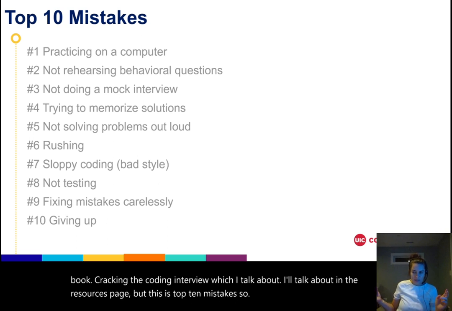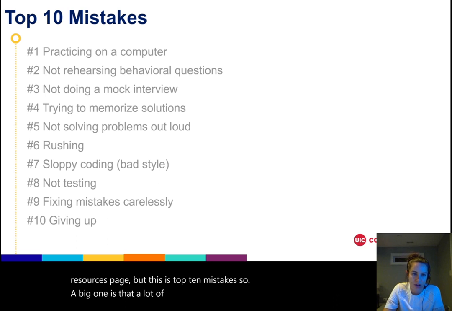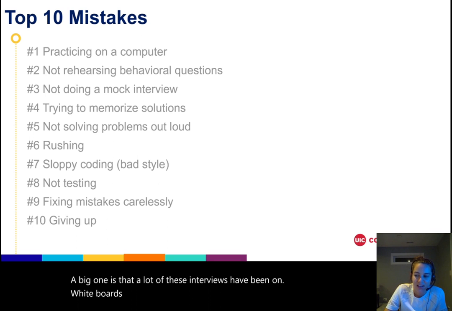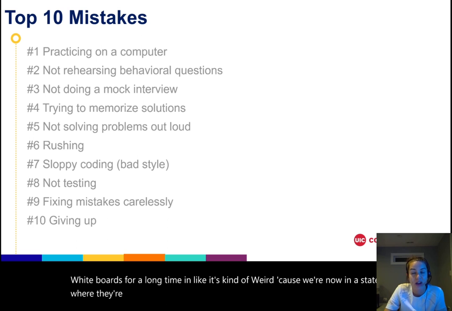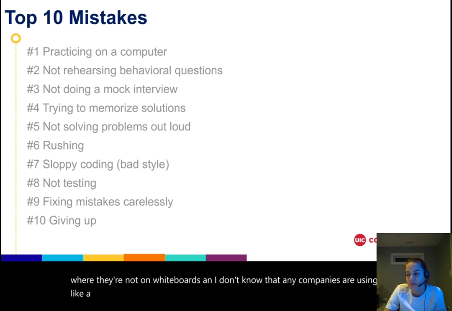A big one is that a lot of these interviews have been on whiteboards for a long time, and it's kind of weird because we're now in a state where they're not on whiteboards, and I don't know that any companies are using a touch screen to replace it in any sort of way. I think probably everyone is typing the code on the computer.